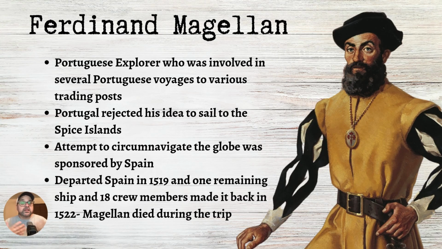Because again, he wants to circumnavigate the globe. He thinks he can find this route that Christopher Columbus had started. So King Charles approves the funding of the exploration, and Magellan sailed for Spain as a Spaniard despite being Portuguese and having also completed a lot of voyages for the Portuguese.